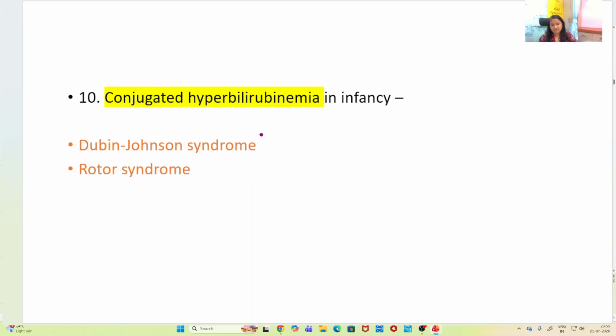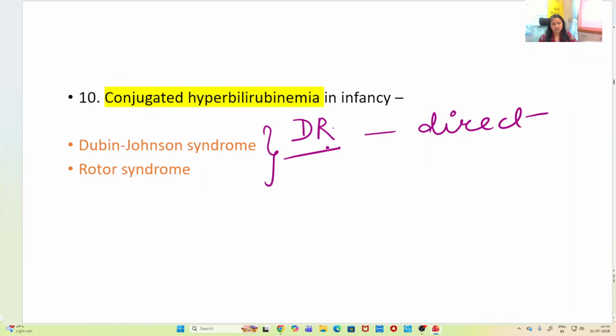Next, conjugated hyperbilirubinemia in infancy. What are the genetic causes? First and foremost, you have to remember Dubin-Johnson syndrome and Rotor syndrome. Now, D for doctor and D for direct. So you remember this as DR, D for Dubin-Johnson and R for Rotor syndrome.